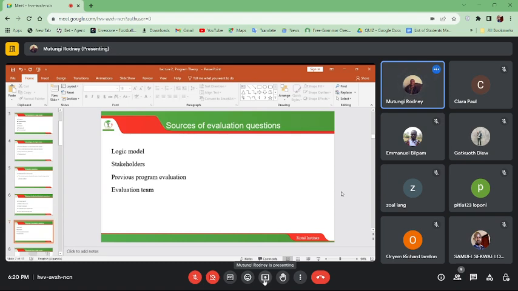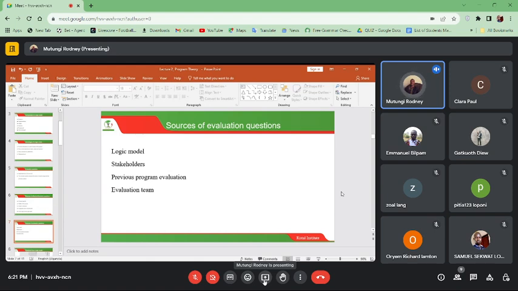So the sources, like we have already said, the sources of these evaluation questions can be from the logic model itself. We can have the stakeholders also developing these evaluation questions to ask themselves whether we did well or did not do well. Previous programs can also provide us with evaluation questions because, like we said in the previous session, you are not going to be the first person to put in place a nutrition program.